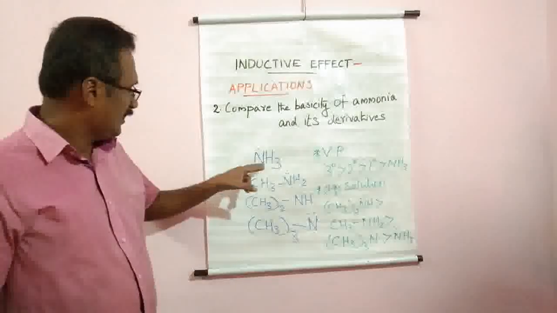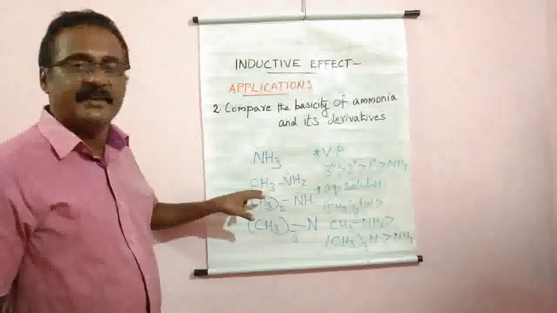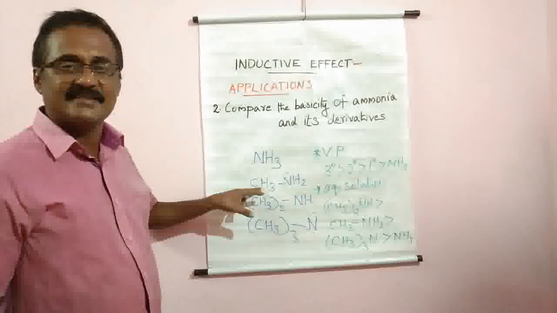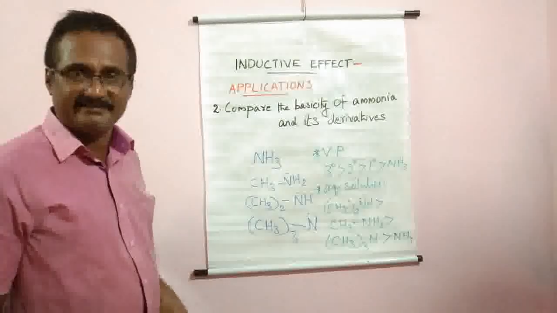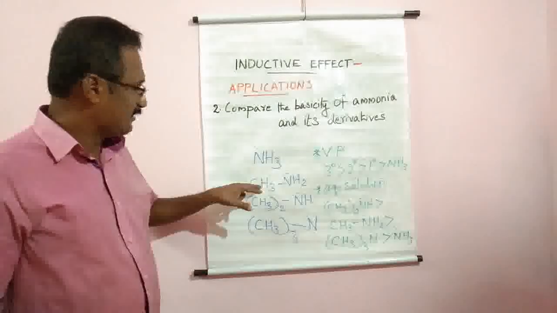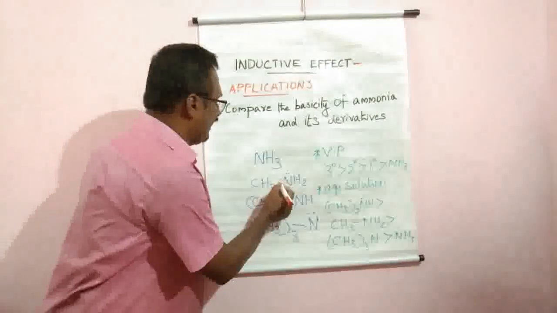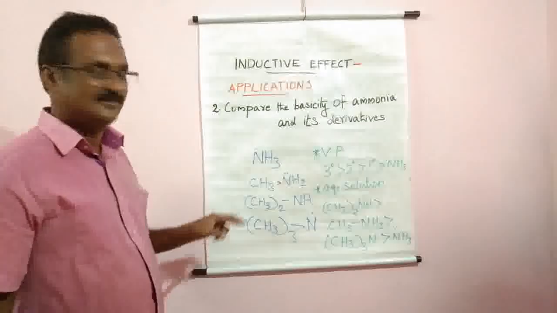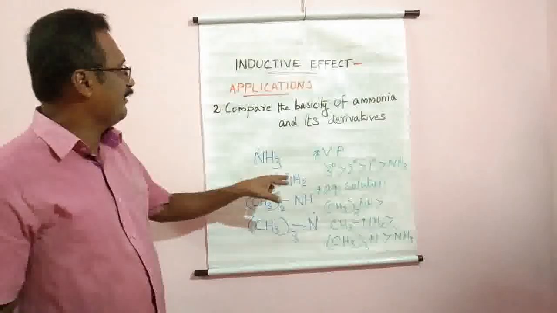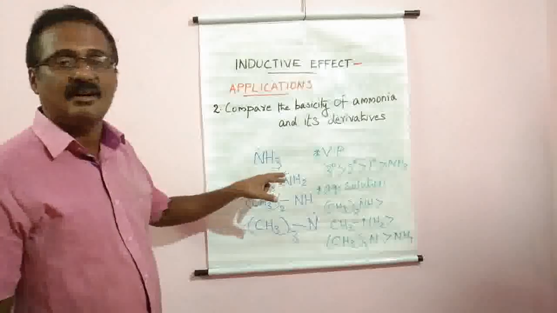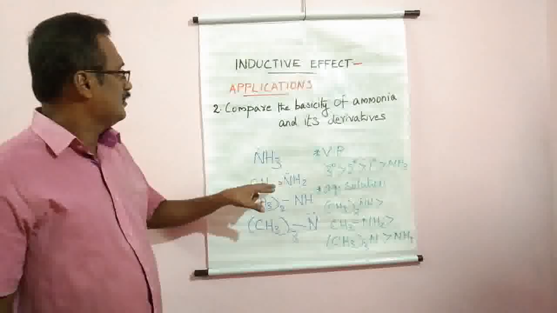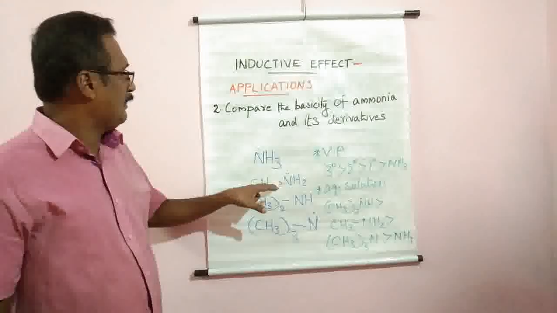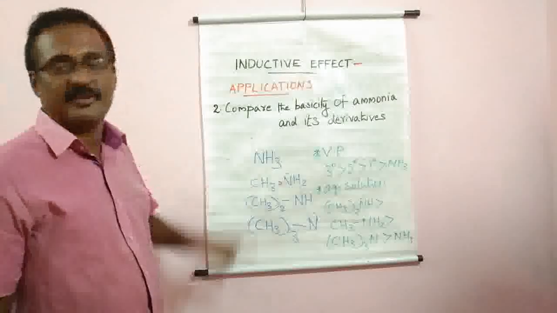Okay. When coming to methylamine, methylamine is having a methyl group with plus I effect. This methyl group therefore donates the electron pair. So what happens? The availability of electron pair on the nitrogen atom increases. So the basicity of methylamine is greater than that of ammonia.